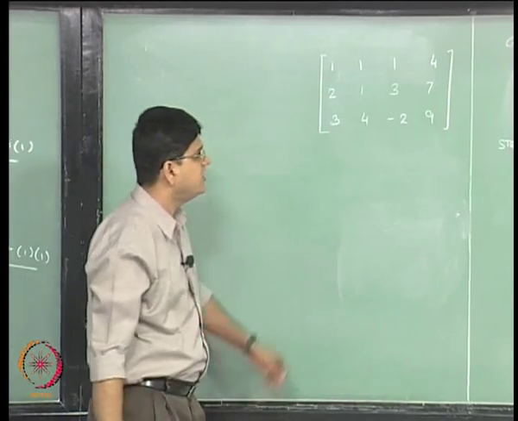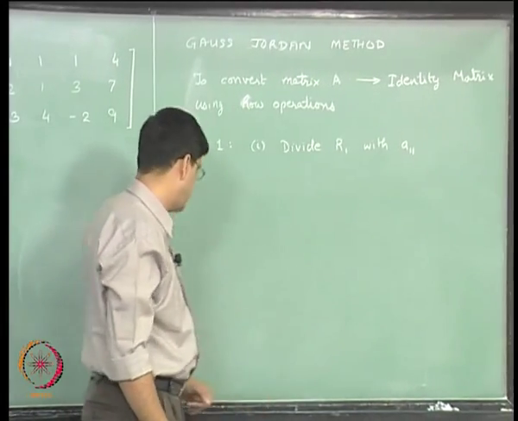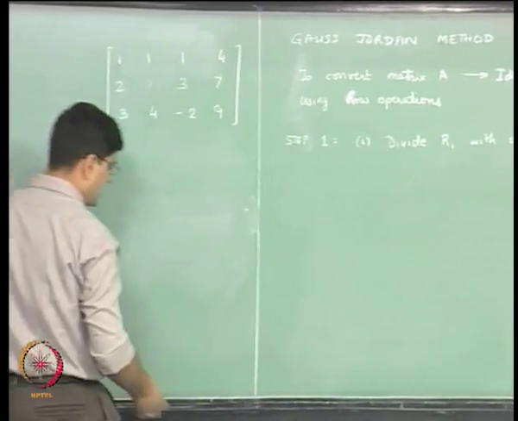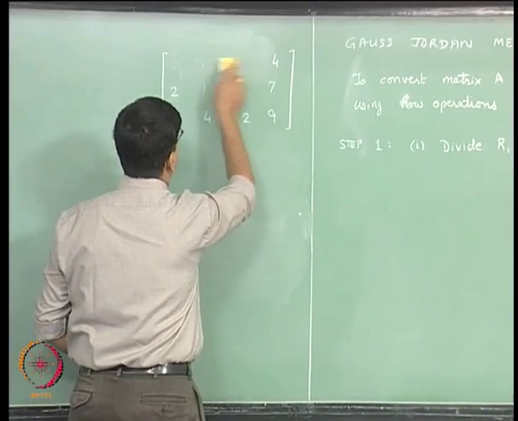At the end of the first part of the first step, we have divided R1 with A11, and when we do that, we will change all these entries to a different color.